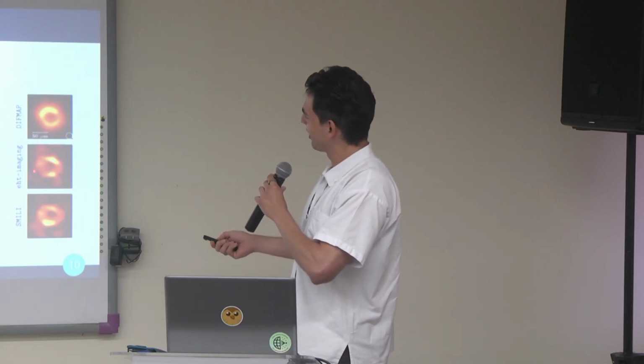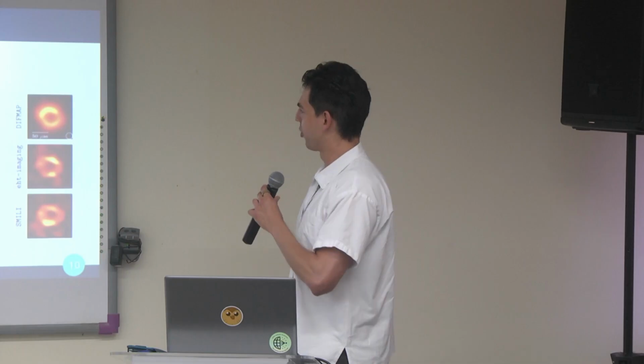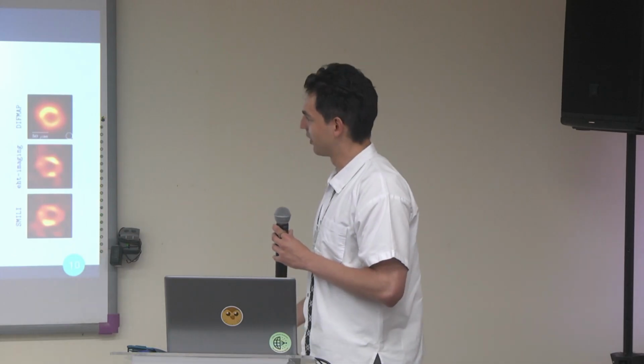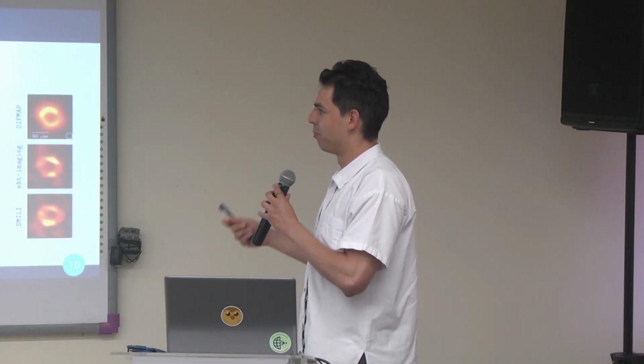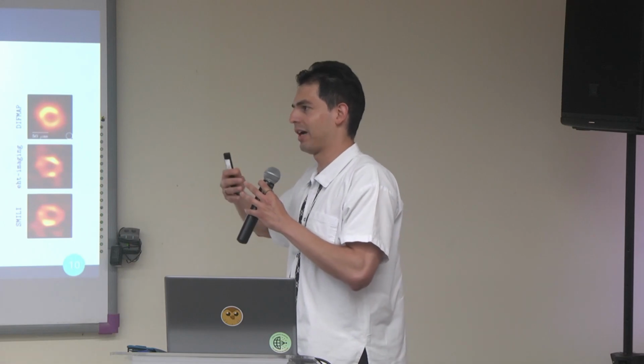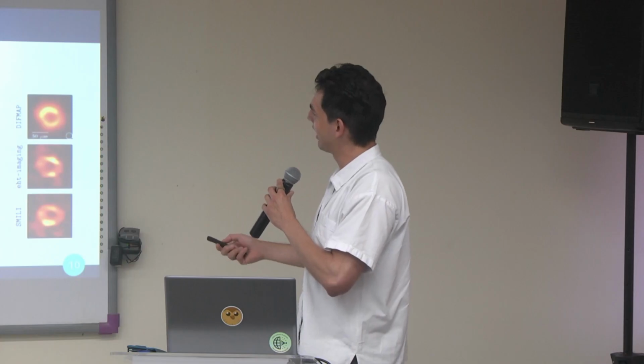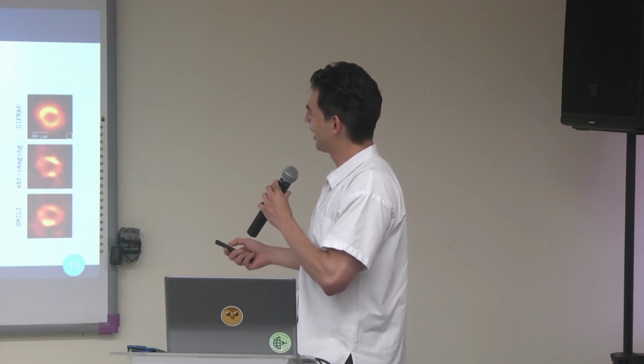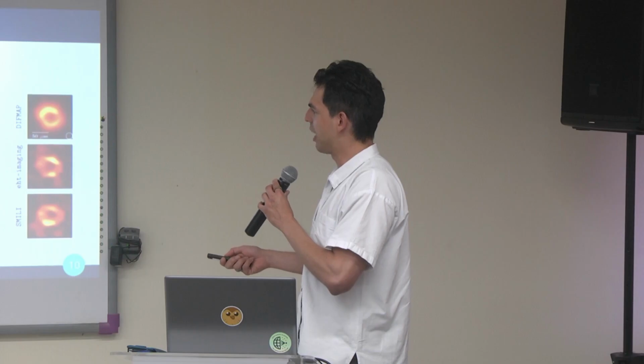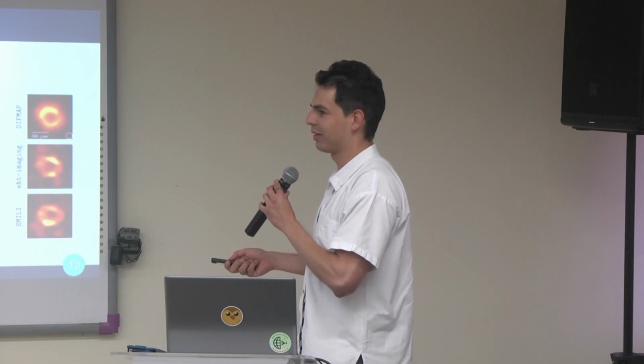There are different methods that are used to recover the missing information. One of the methods that has more tradition, that has been used for a long time, is called the CLEAN algorithm. This method tries to fit Gaussians to the points that are observed.